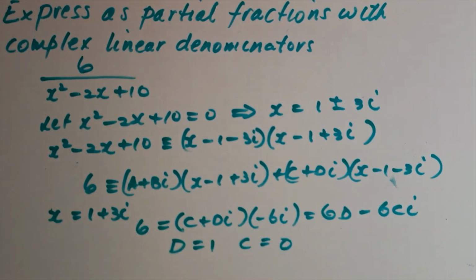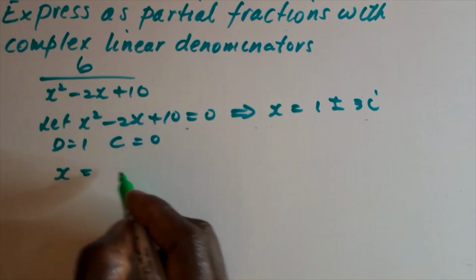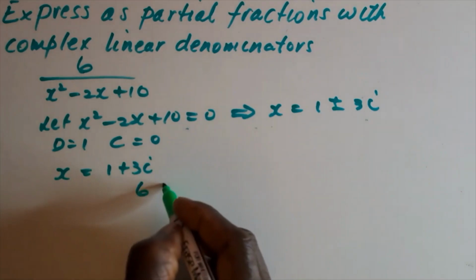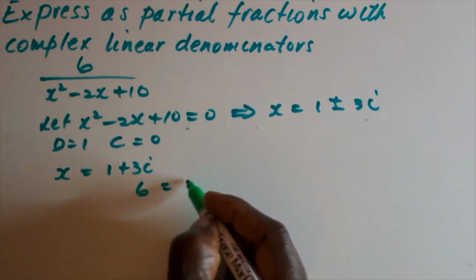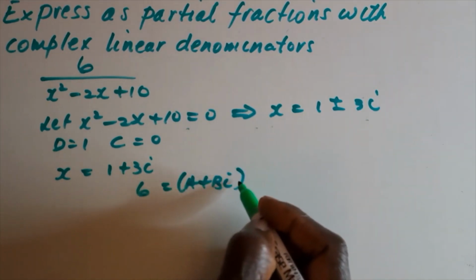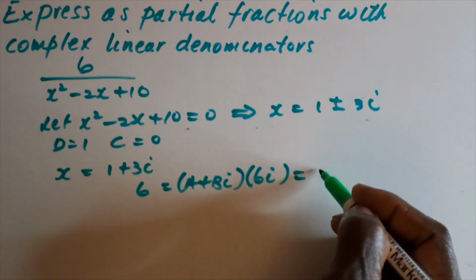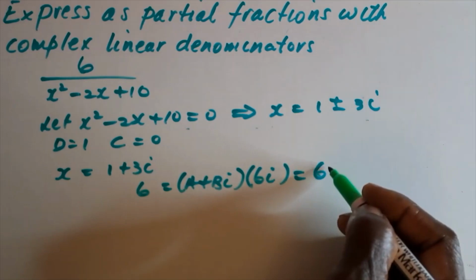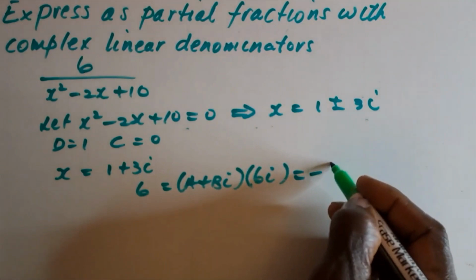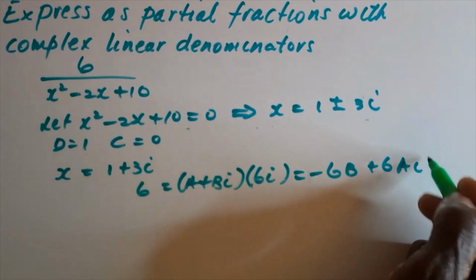When x is equal to 1 add 3i, we have that 6 is equal to a add bi times 6i, which gives us 6 minus 6b add 6ai.